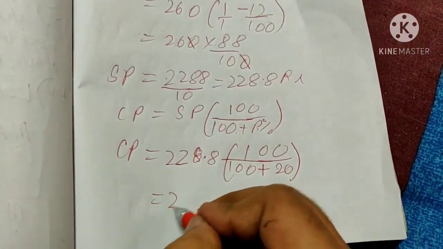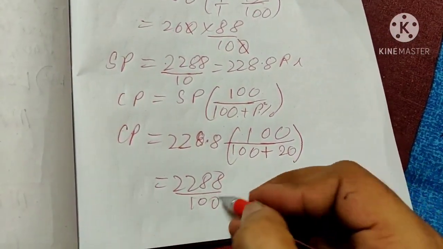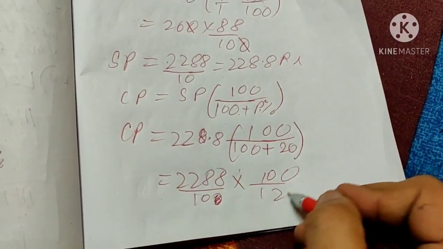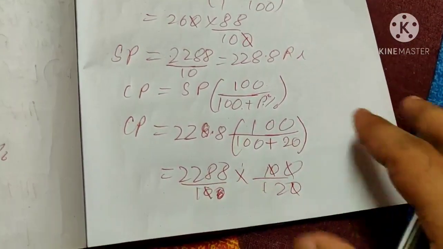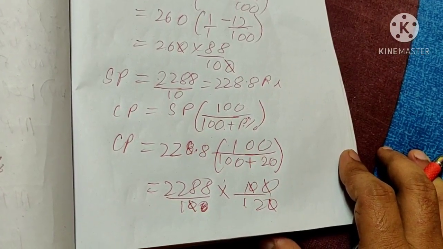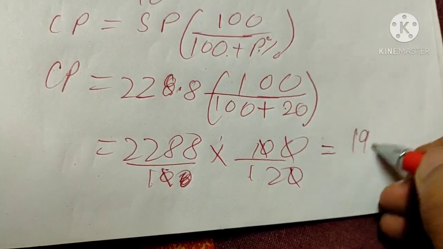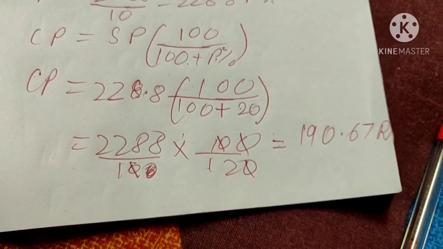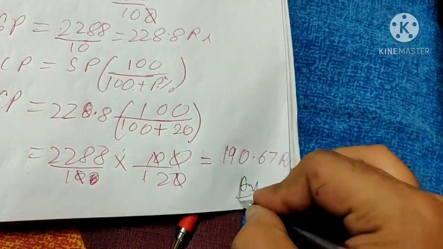Removing the decimal you get 2288 into 100 upon 120. This and this are reduced, so 2288 upon 12. What you will get is 190.67 rupees. Okay, so this is our answer in this question.